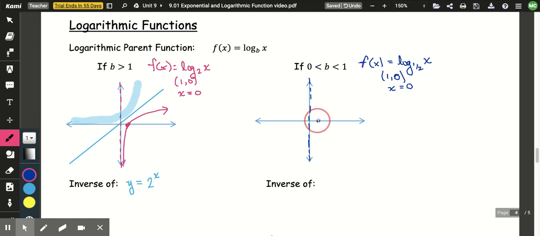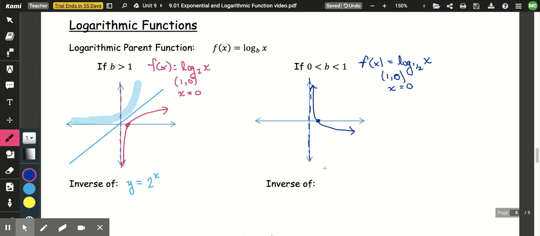So I'm going to go ahead and put in (1, 0) and the vertical asymptote there. This time, if b is between 0 and 1, as you move toward the asymptote, it's going to go upward. Sorry, as you move up, it goes toward the asymptote. As you move down, it goes away.